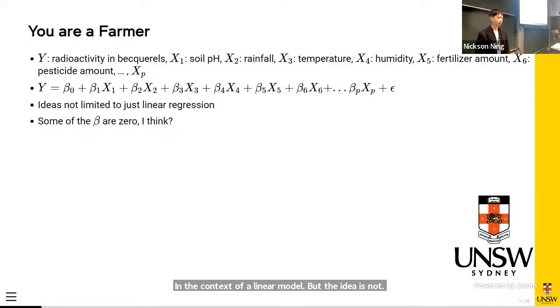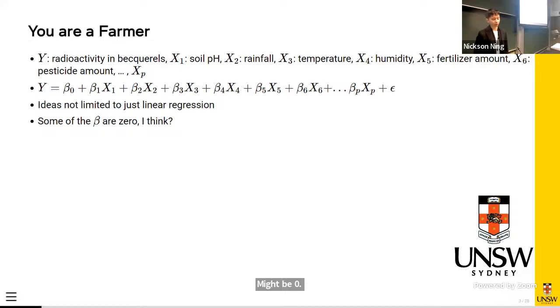So the crux of the matter is you don't know which of these x's are actually affecting your y. You don't know which of these variables is actually affecting your radioactivity. Some might be affecting it, some might not be affecting it at all. So in terms of the statistical model, you're thinking that some of these slopes, beta, might be zero.